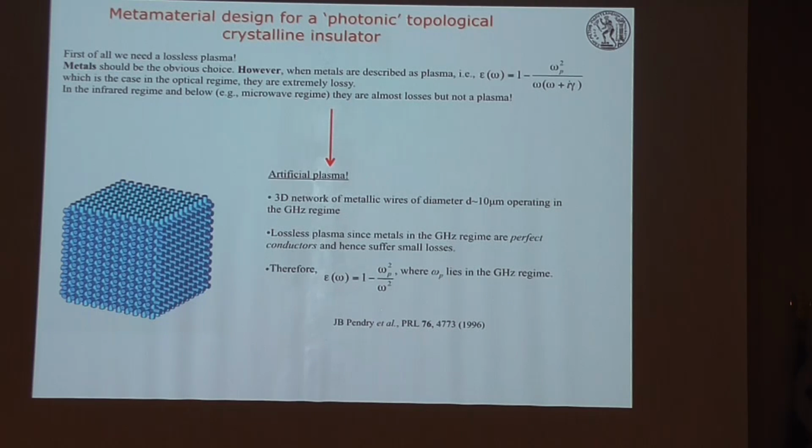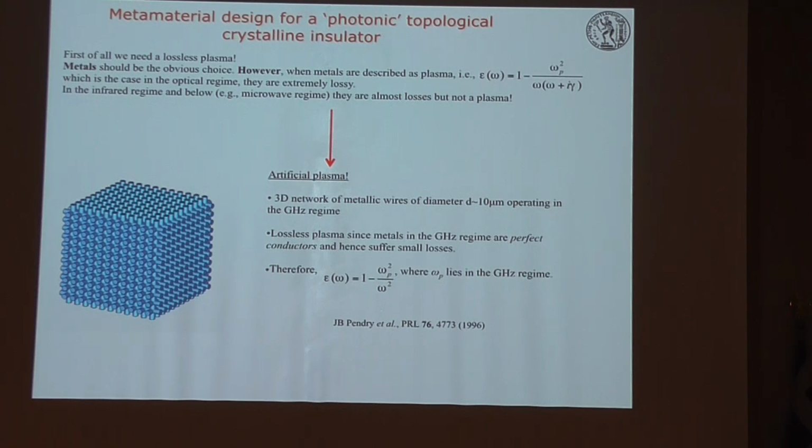And one can actually show with simple analytics that the effective dielectric constant for such a system resembles that of a plasmonic material, but only now the plasma frequency, omega p, lies in the gigahertz regime, not in the optical regime, and losses are very small because of the very small penetration length at this spectral regime for the electromagnetic waves.